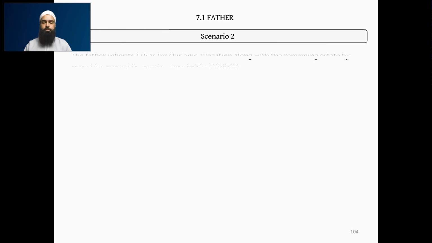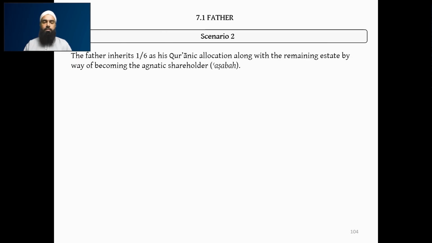Scenario number 2: the father inherits 1/6 as his Quranic allocated share, the fixed Quranic share that he gets. Along with that, he receives the remaining estate as an agnatic shareholder, the asaba.